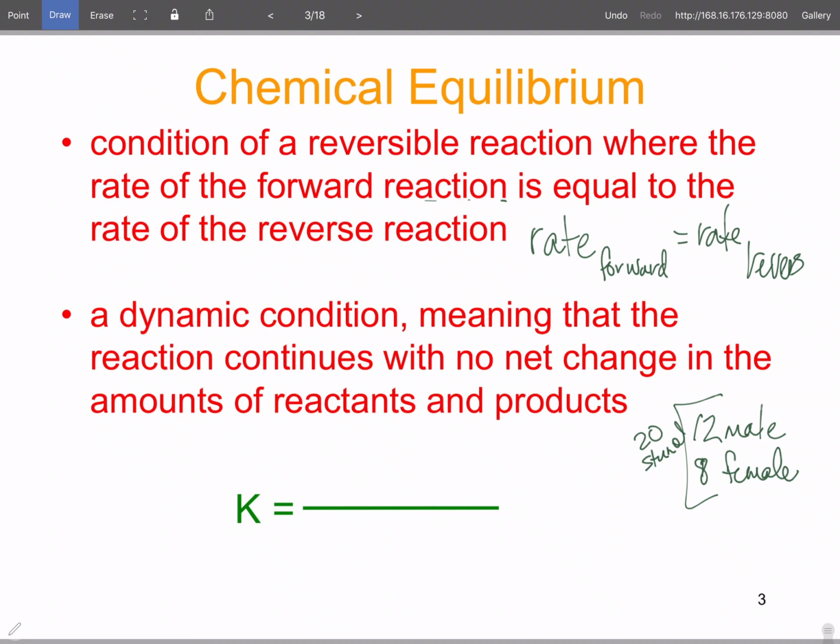But if we have to maintain our ratio, if somebody gets up and goes out one door, then somebody comes in the other door. If you have a male leave, you have to have a male come in. If you have a female leave, you have a female come in because you must maintain. Now, they're not the same people, but you're maintaining the same ratio. Same thing with the reaction.